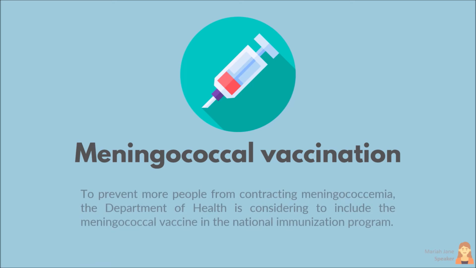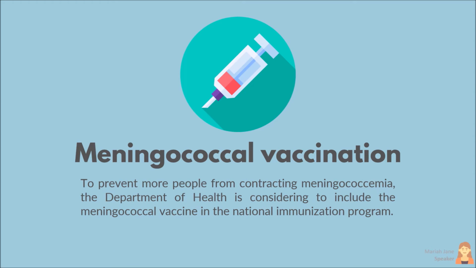The DOH is also considering to include the meningococcal vaccine in the national immunization programs in order to prevent individuals from being infected by the said disease. Meningococcal polysaccharide vaccines are available as bivalent or tetravalent vaccines. These are generally safe and only cause significant systemic reactions in a small percentage of cases.